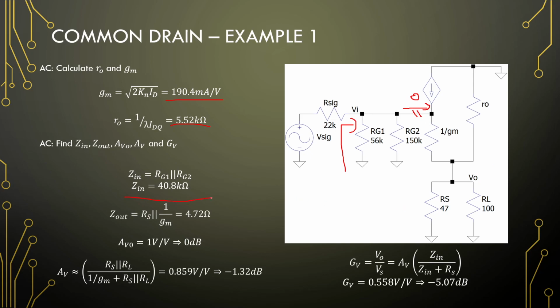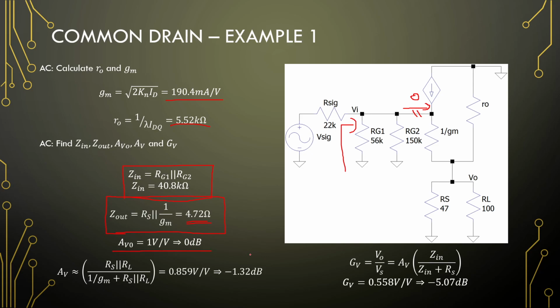Okay, so RG1 parallel to RG2 is our input impedance, and that's 40.8 kilo ohms. Our output impedance is 1 over GM parallel to RS right here, and that is 4.72 ohms. Okay, so since this is a driver circuit, this must be a very small value.